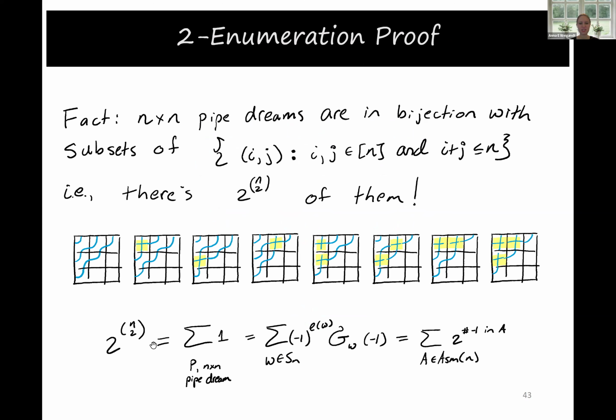So 2 to the n choose 2 is equal to a sum over pipe dreams, which is equal to this specialization of Grothendieck polynomials, which is equal to this 2-enumeration of ASMs. This is maybe overkill for what the statement is, but just inside of Schubert calculus land was hiding some information about 2-enumerations of ASMs.